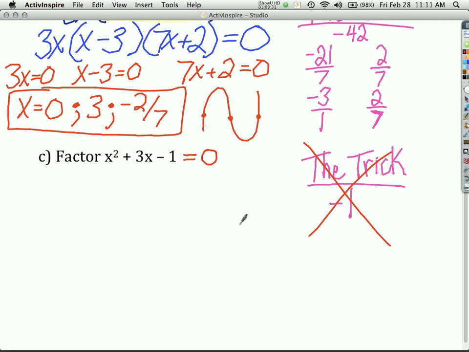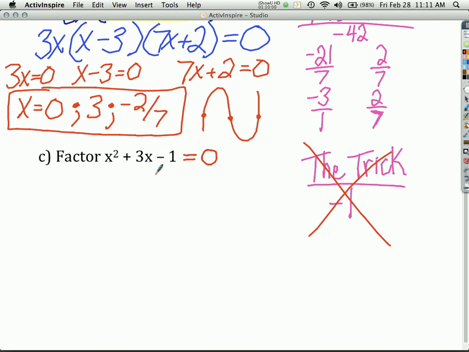Does anyone know what you do? Quadratic formula. Yay. So now you're getting a little clue into what all the letters mean, right? This is A, this is B, and this is C. X is the solution.